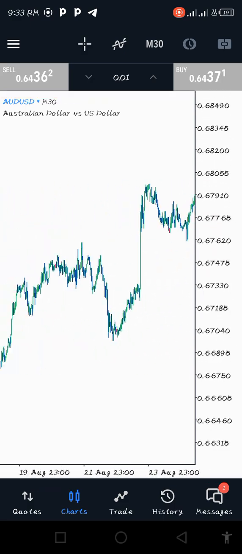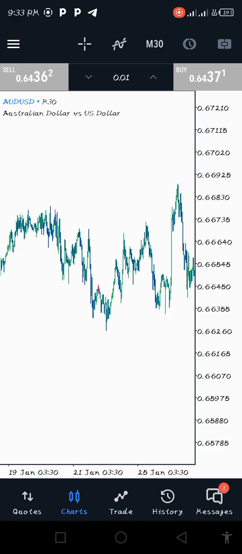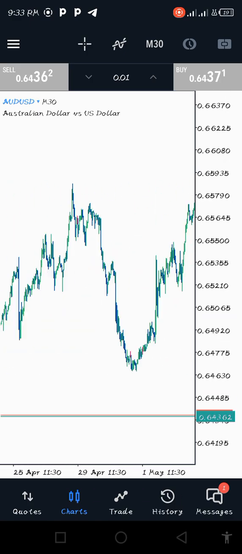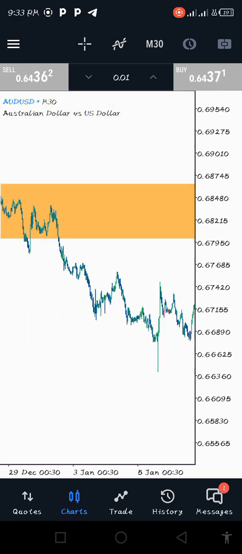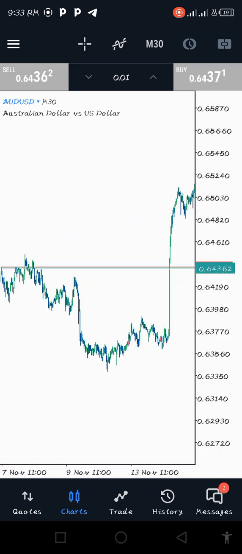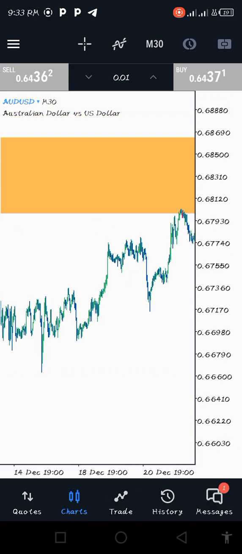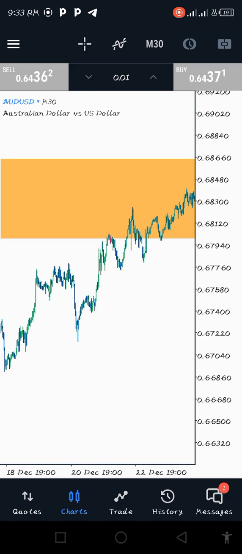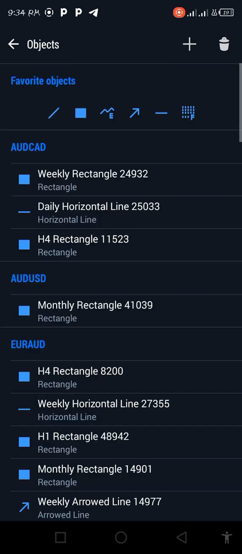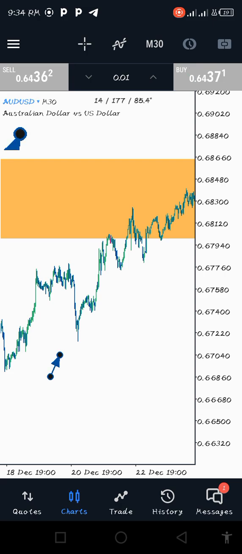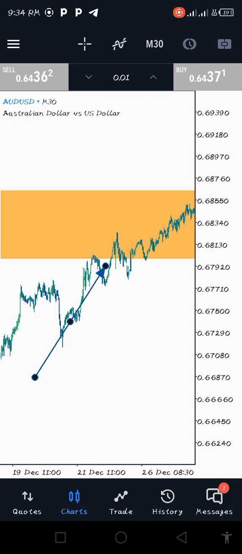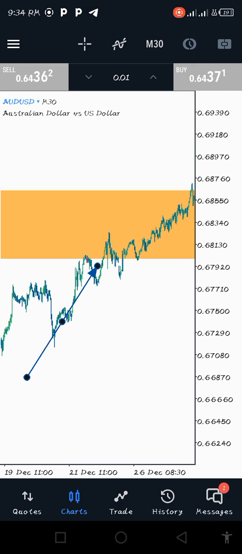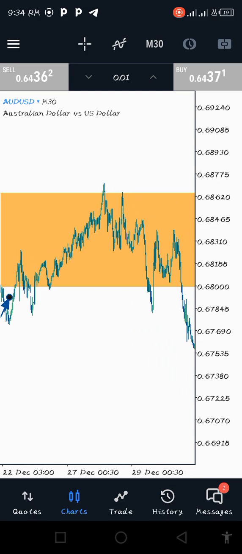I'm using phone, so you will be a little bit more confused, but hope you will bear with me. So as price was approaching my zone, I was keen to see my change in character in my 30-minute time frame.